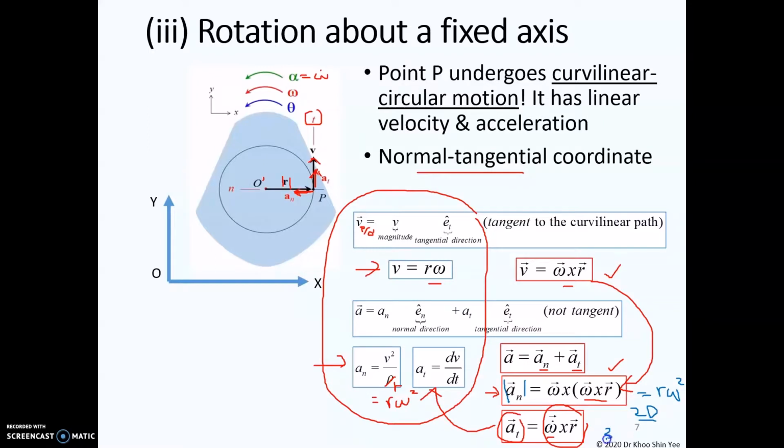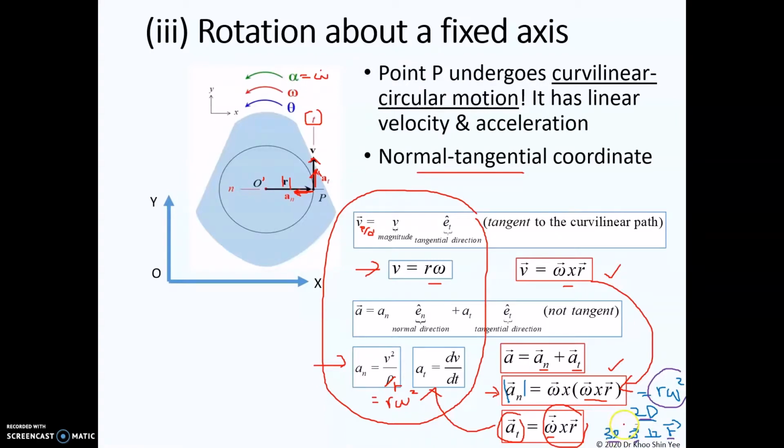For the 3D case, if the omega vector is no longer 90 degrees to the displacement vector, then we cannot obtain this equation. So bear in your mind, this equation r omega squared is only valid for 2D case because the omega will be always 90 degrees to the displacement vector.